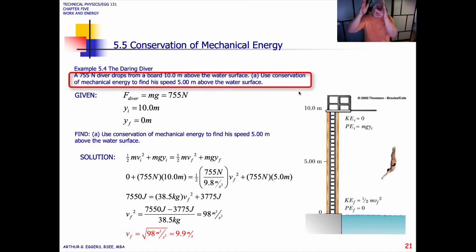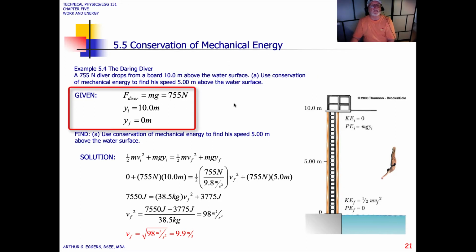As you do this, you have to think in your mind, I'm going to stop it just as he reaches 5 meters above the water. And that's where the problem stops. If we're going to continue the path, we'll pick it up from there. So we start by defining all of our givens. The weight of the diver, mg, is equal to 755 newtons.